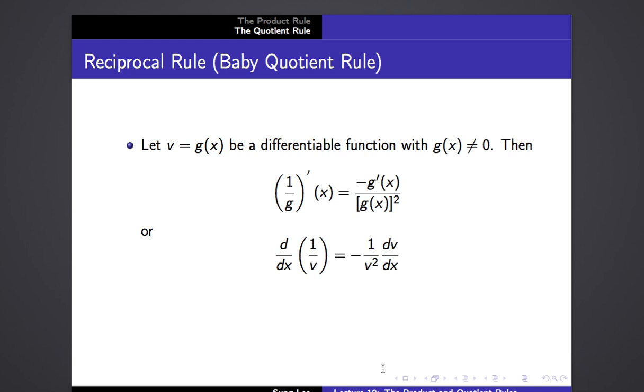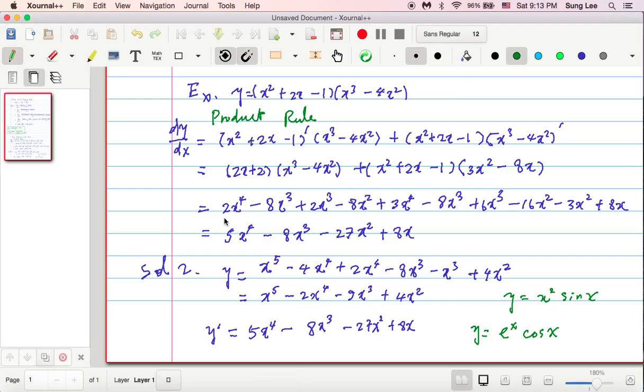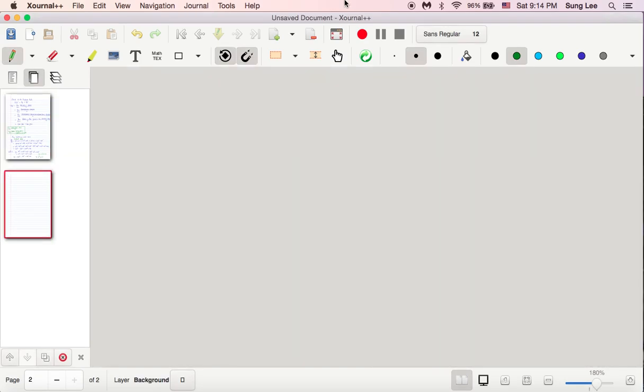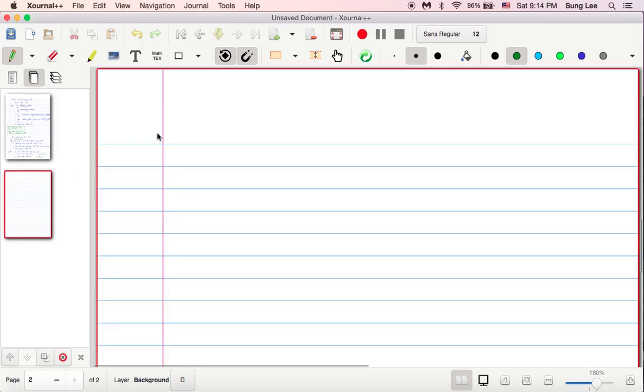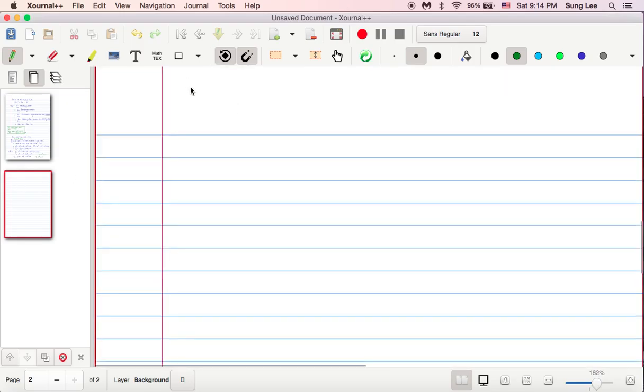Okay, so how do we know this? Again, the proof is easy, so we are going to prove that. So let me go back to my notepad. Okay, so here, proof of baby quotient rule.